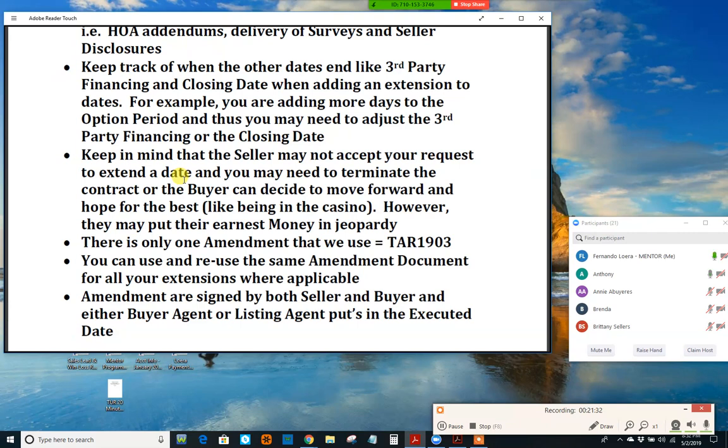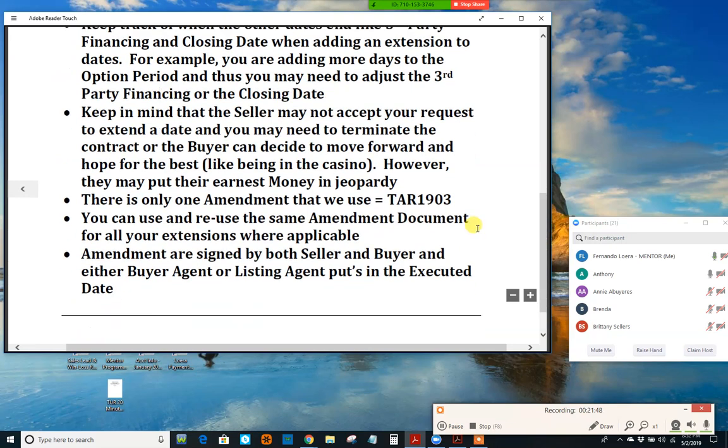You cannot give them any advice. If they're not sure, they can contact their attorney, a real estate attorney, on what they should do. There's only one amendment that we use, the TAR 1903. There are no other amendments. You can use and reuse the same amendment document, and of course you have to change the data for all your extensions or any other applicable thing that you have to do.